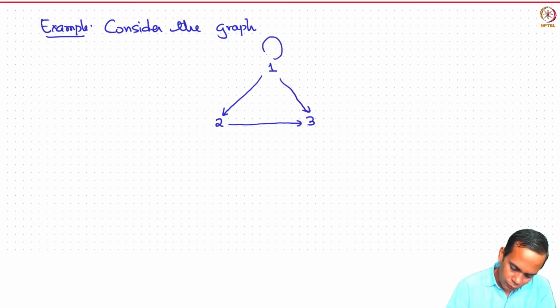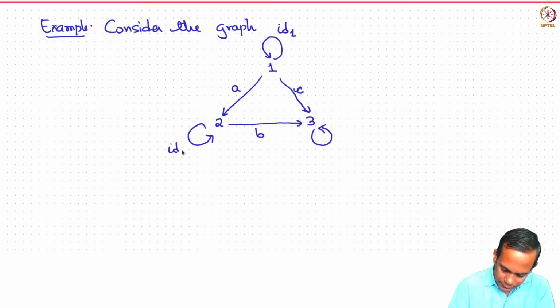And we have an arrow from 1 to 1, an arrow from 2 to 2, and an arrow from 3 to 3. Here I will call this arrow A, this arrow B, this arrow C, and these identity 1, identity 2, and identity 3.